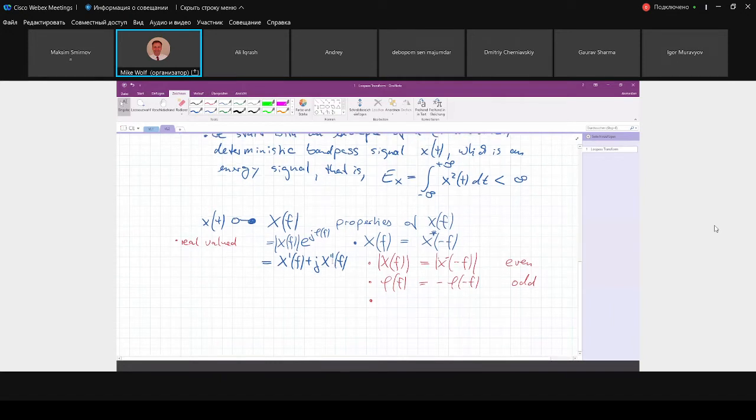Then if we take a look at the real part of the spectrum, because we have the complex conjugate here, this is again an even function.